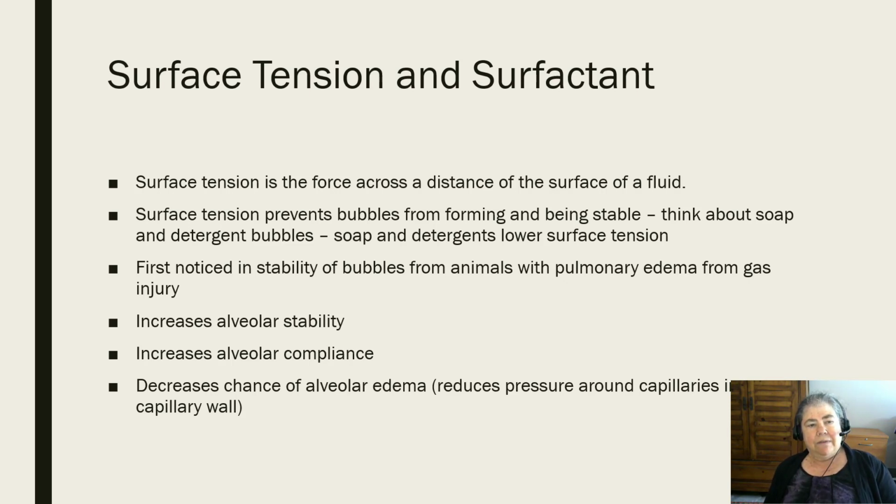And a physiologist noticed how stable the bubbles were in this foamy fluid being coughed up by the animals with pulmonary edema as a result of their gas exposure, and found a substance that was named surfactant that has similar characteristics to soaps and detergents. It increases the stability of the alveolus.